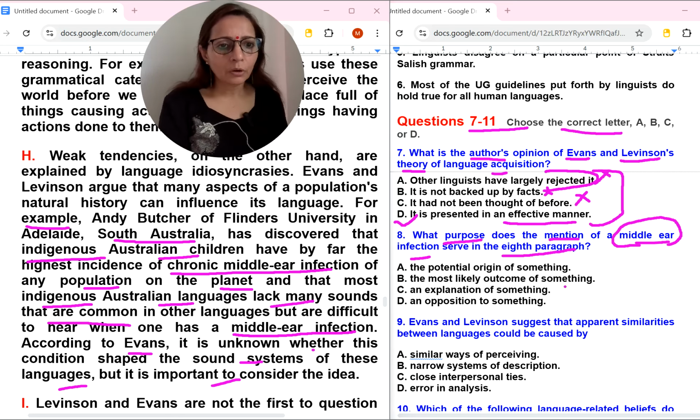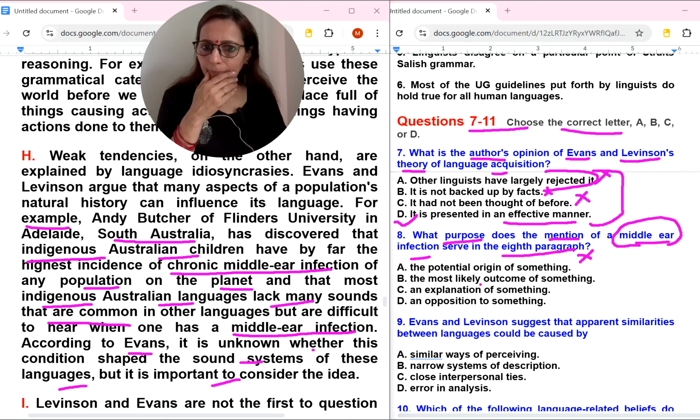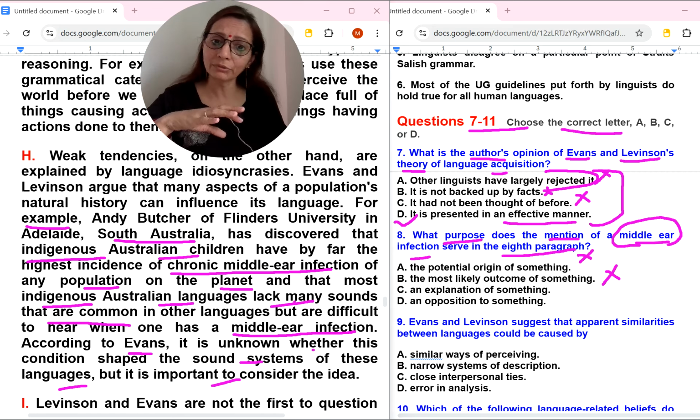And options: the potential origin of something. No potential origin of something, not explained like that. The most likely outcome of something. Any result, the most likely, no guessing. In fact, they have given that because of that, Australian languages lack many sounds.